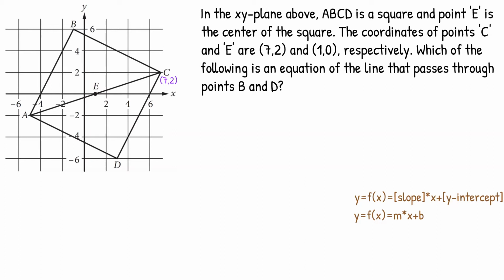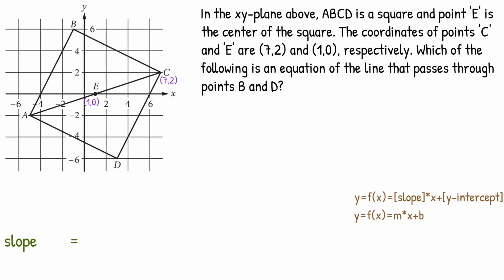And point E is located at (1, 0), which means the x coordinate equals 1 and the y coordinate is 0. Using two points, we can find the slope of the line on which these two points lie, which represents the diagonal AC of the square.